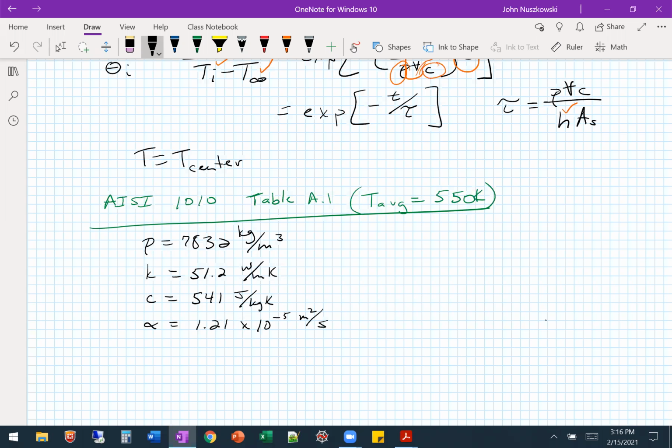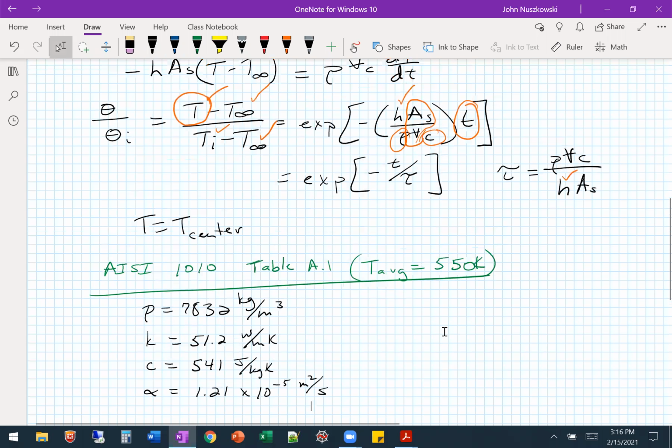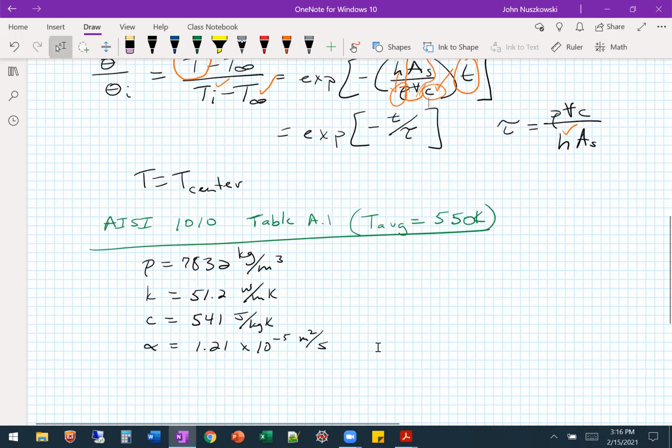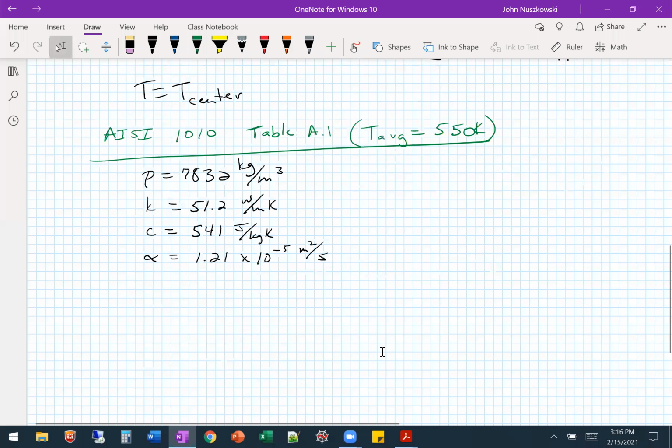So we have a whole bunch of properties we can grab, and we see that has density, that has specific heat. Then we're left with the surface area divided by volume.